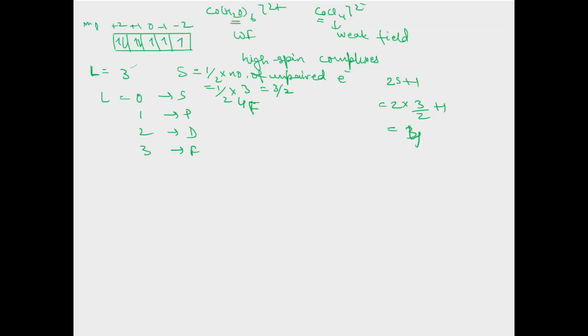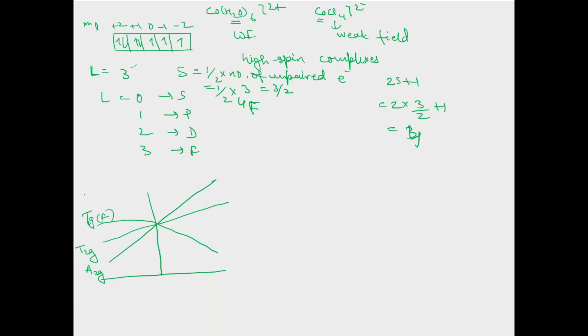So now, if we know the Orgel diagram, then from the Orgel diagram, for F as the ground term, we will have T2g, T1g F, and this one will be T1g P. So where is this T1g P coming from?